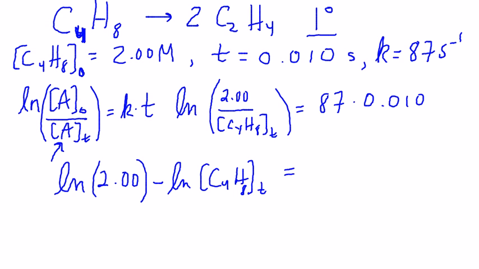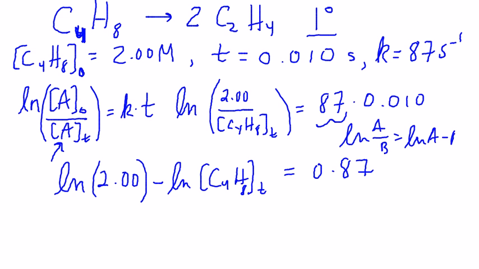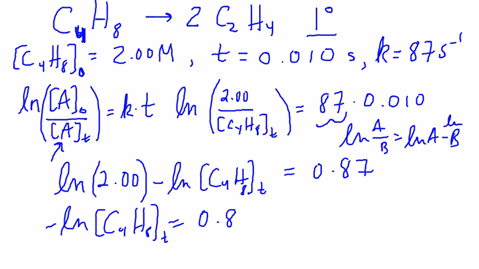And that's equal to 0.87, if we move the decimal 2 places to the left. This is an application of the natural log of A over B being equal to the natural log of A minus the natural log of B. So that's what we've done here. We've separated this out, which means that minus the natural log of C4H8 at time t is equal to 0.87 minus ln of 2.0.